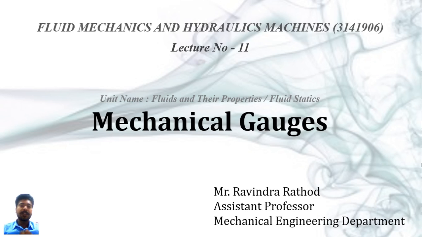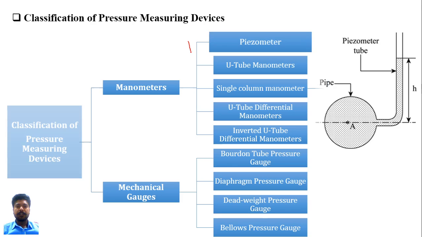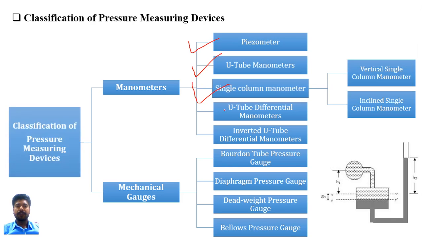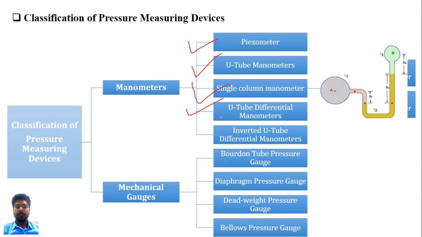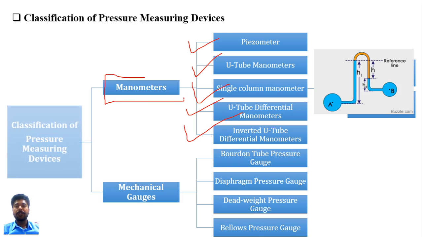In manometers, we had seen the piezometer, simple U-tube manometer, single column manometer, and in a previous session we had covered the differential U-tube manometer and the inverted U-tube differential manometer. So these manometers were covered in all the previous sessions.